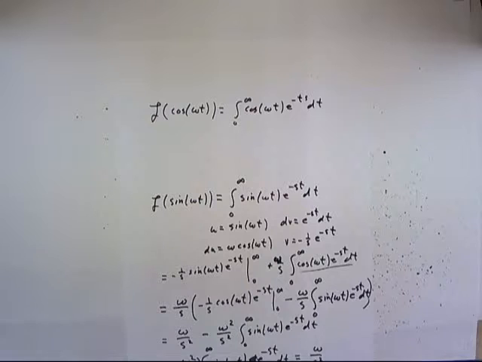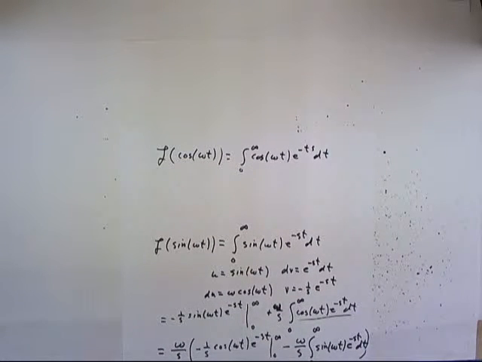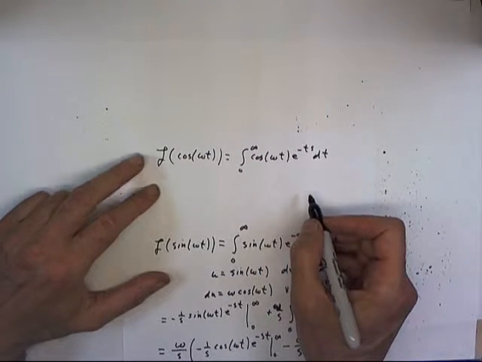Now, doing the Laplace transform of the cosine gives us something a little different, and largely because what we get at the first step here on the evaluation between 0 and infinity is not 0 this time. So let's do that much, and then I'll leave it to you to work out the rest of it.